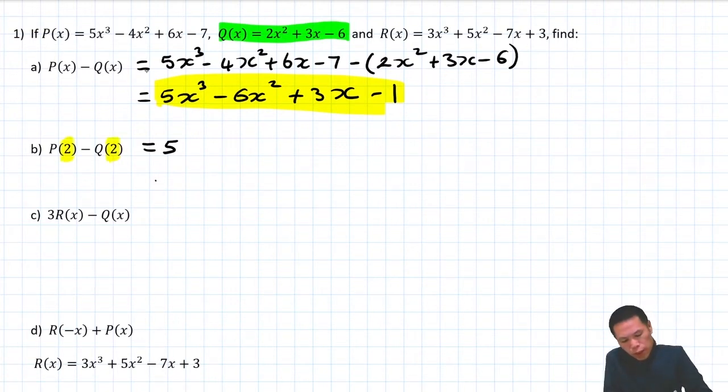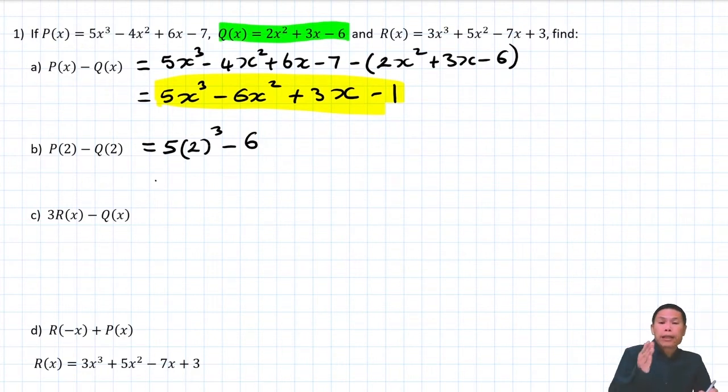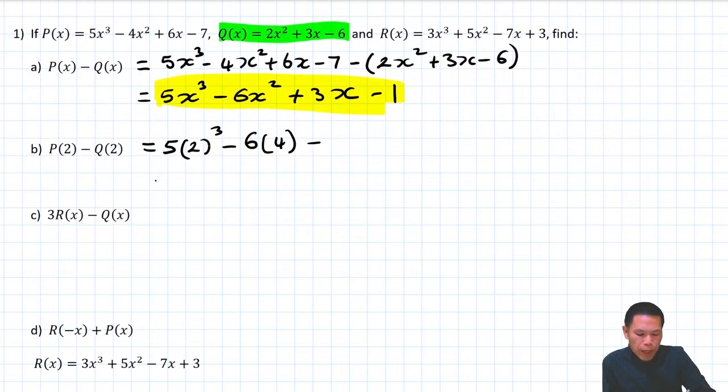This x here, we just replace x with 2. So that becomes 5 times 2 to the power of 3, minus 6x squared, but x is 2, so 6 lots of 2 squared, which is 4. And we add 3 lots of x, which is 3 lots of 2, and then minus 1.